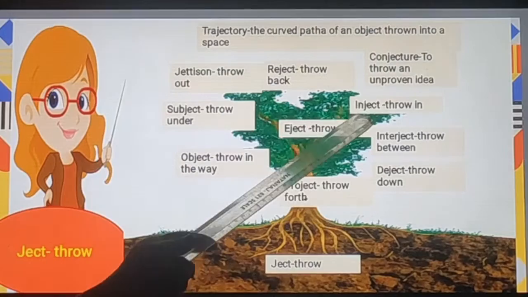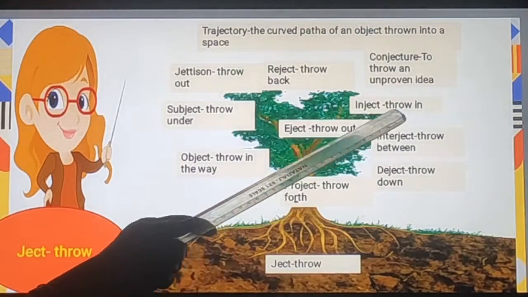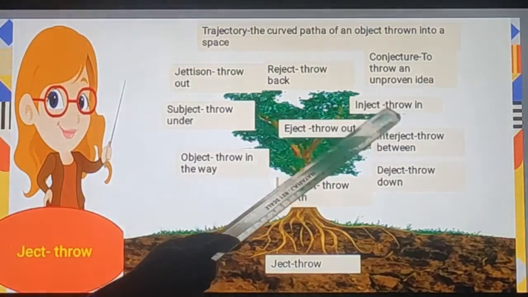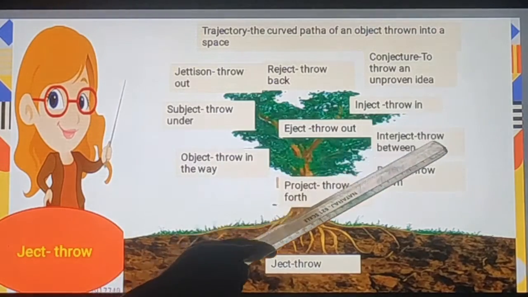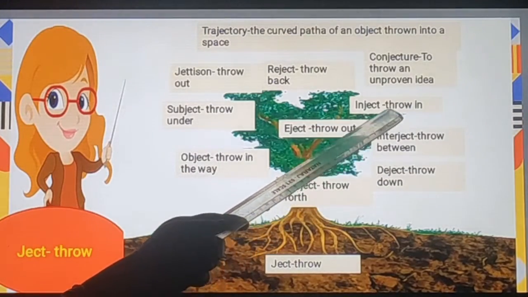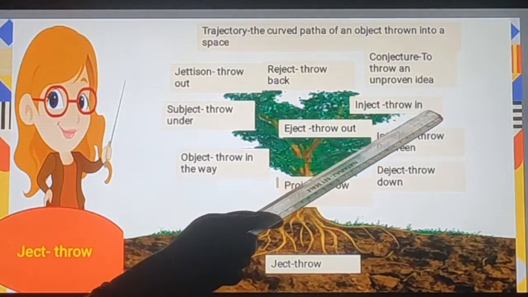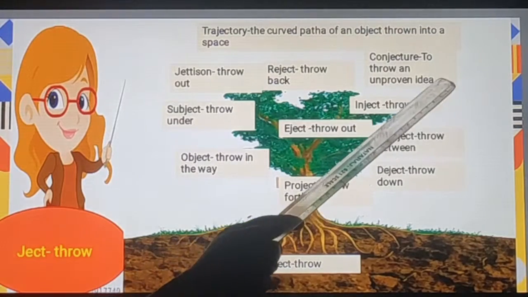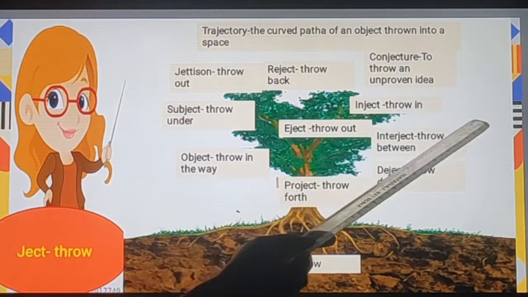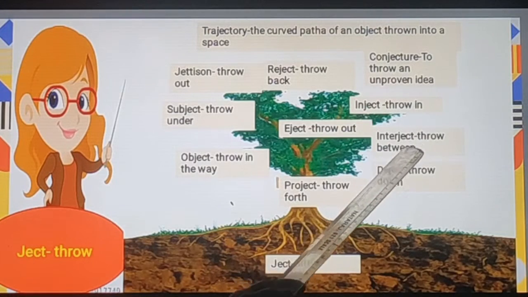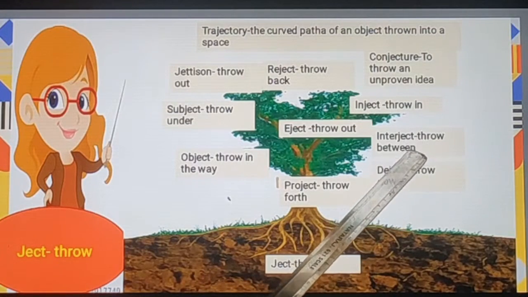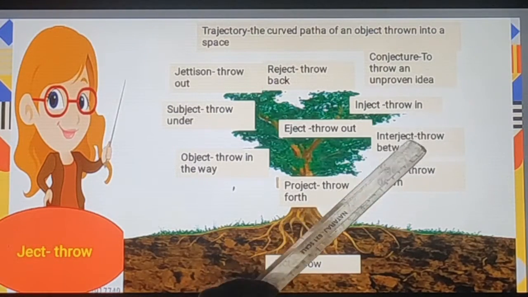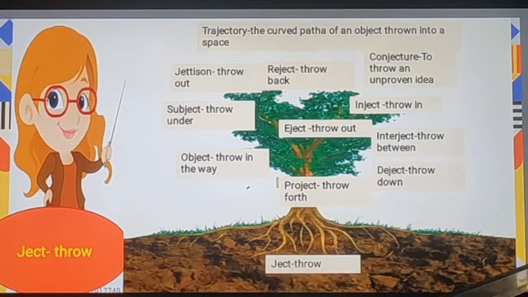Inject means throw in. Injection. When we take an injection, that is throwing in. The drug is coming into our body. That is called throwing. That is inject. Interject means throw between. That is called interject.